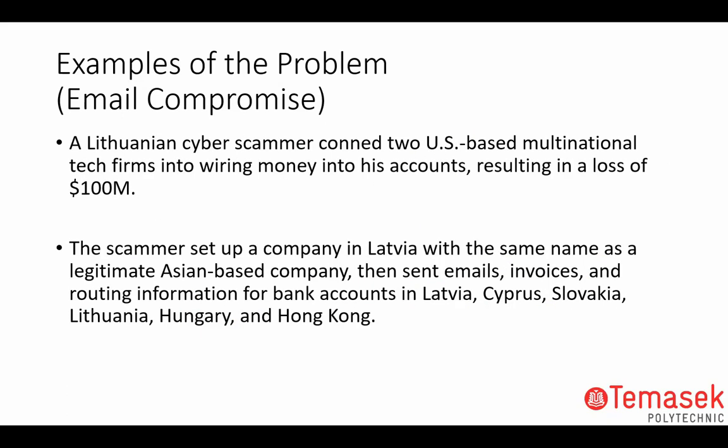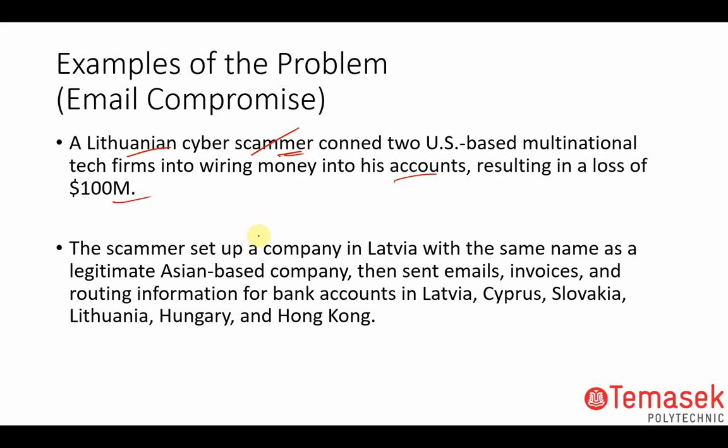Next, there's an email compromise by a Lithuanian cyber scammer, who got two US-based multinational tech firms to wire money into his account. At the end of the day, the tech firm lost 100 million.